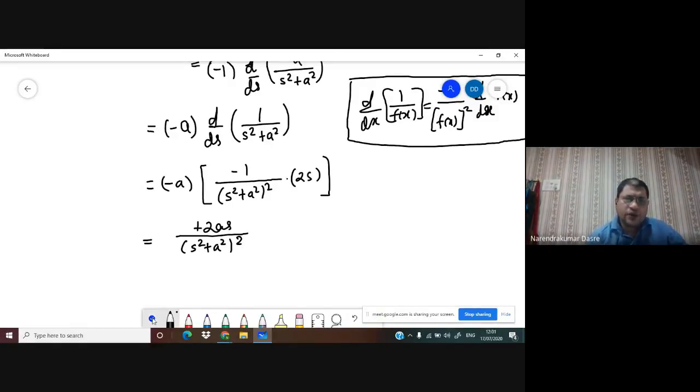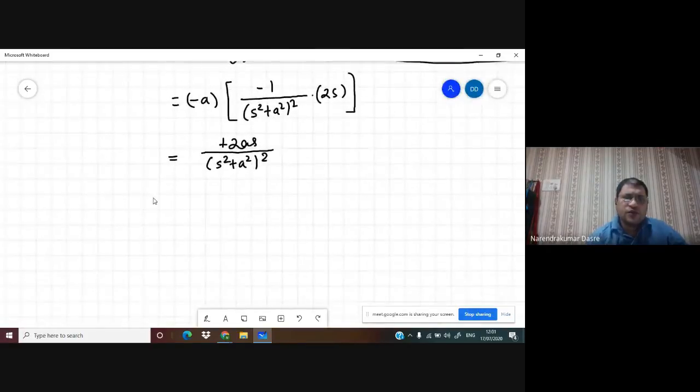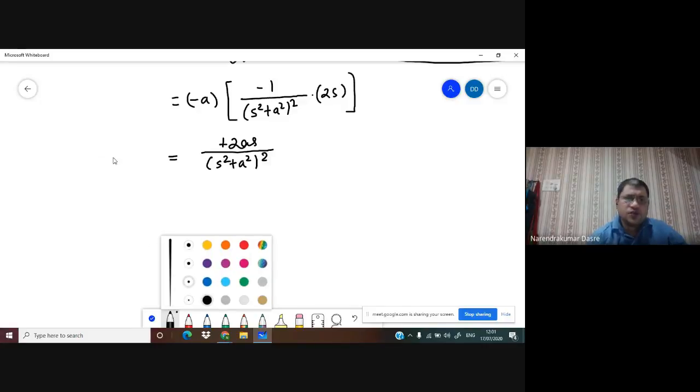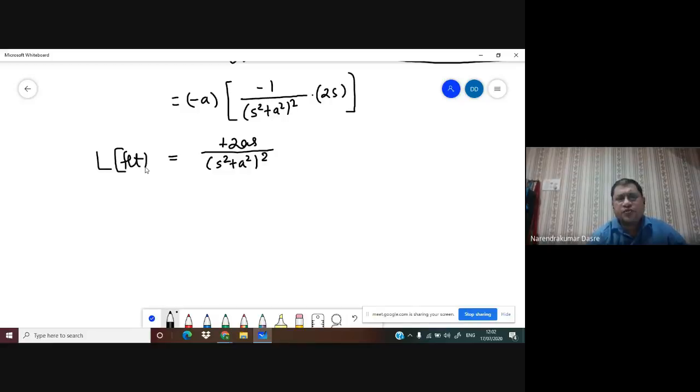So what we obtained is actually the Laplace transform. On this side we are getting the Laplace transform of f of t.